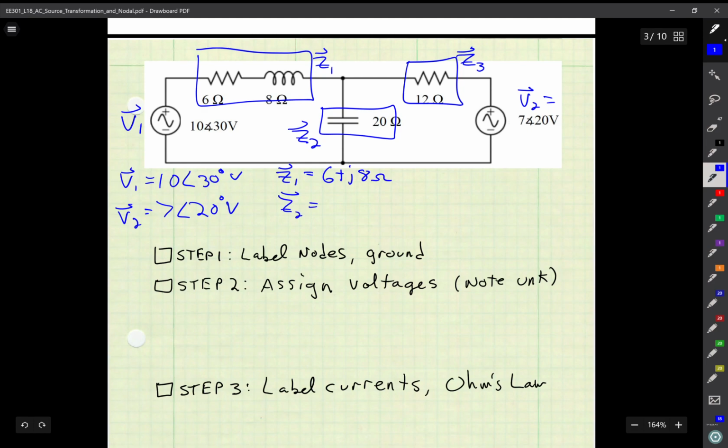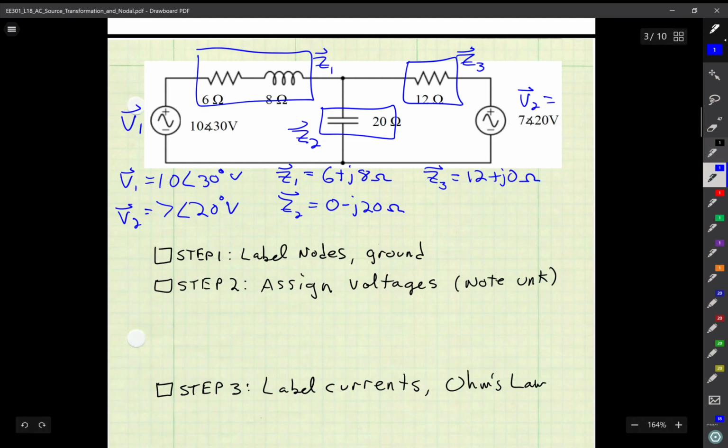Z2 looks like it's purely capacitive, so there's 0 real part, and the reactance is minus j20 ohms, as shown. Z3 is also purely resistive, and that is a 12 ohm resistor, so it's 12 plus j0 ohms. I have all my elements now identified, and I'm ready to go ahead and start the process.